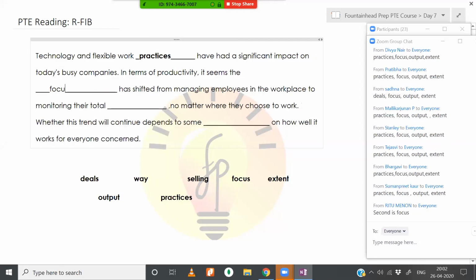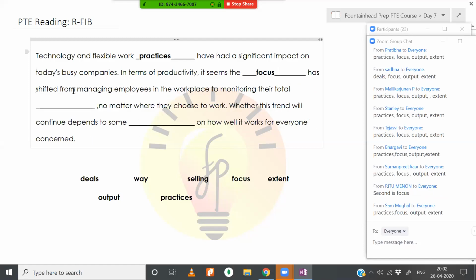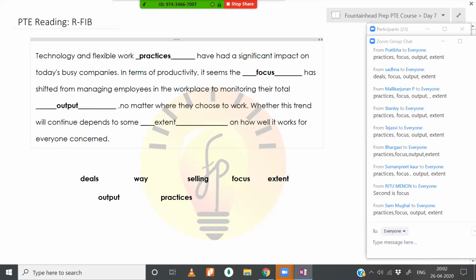The focus has shifted from managing employees in the workplace to monitoring their total output. Whether this trend will continue depends to some extent. To some extent is another lexical collocation: to some extent, to a great extent.